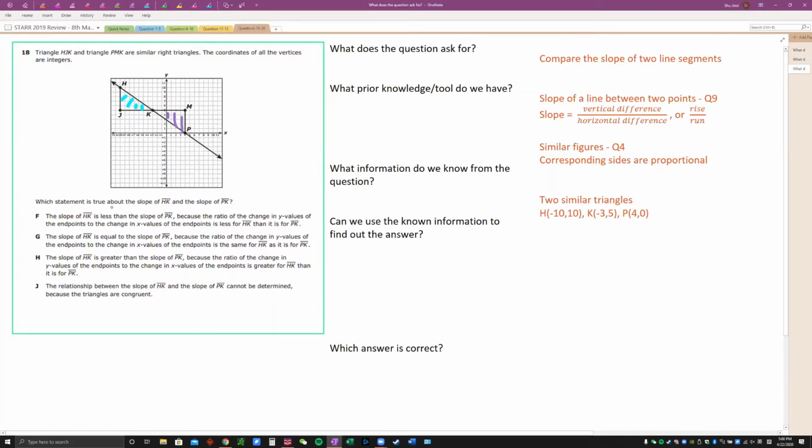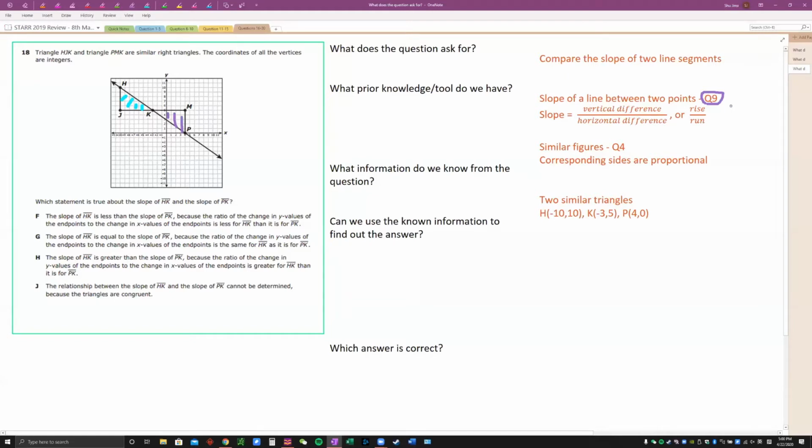And which statement is true about the slope of line HK and the slope of the line PK? So we are comparing the slope of two line segments. So what prior knowledge do we know about the slope? From question 9, we learned that the slope between 2 points is equal to the vertical difference between these two, or the rise, divided by their horizontal difference, or the run, rise over run.